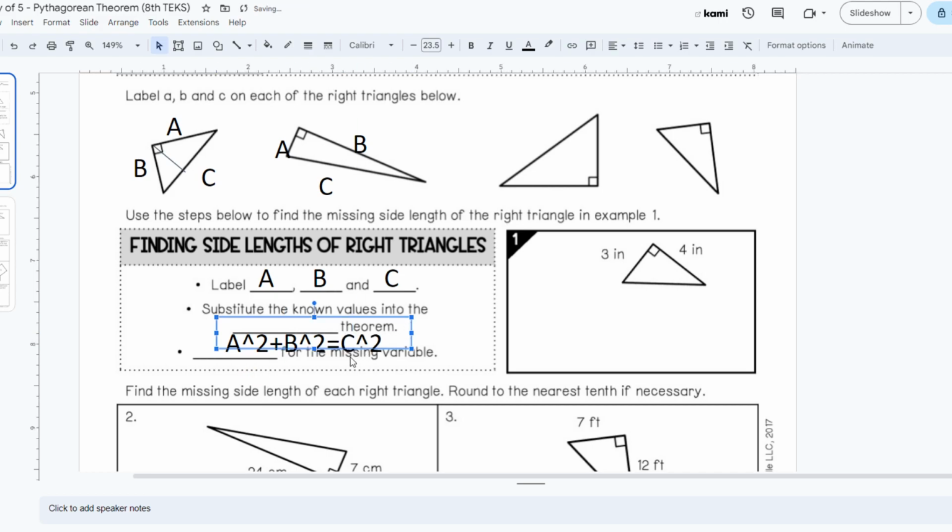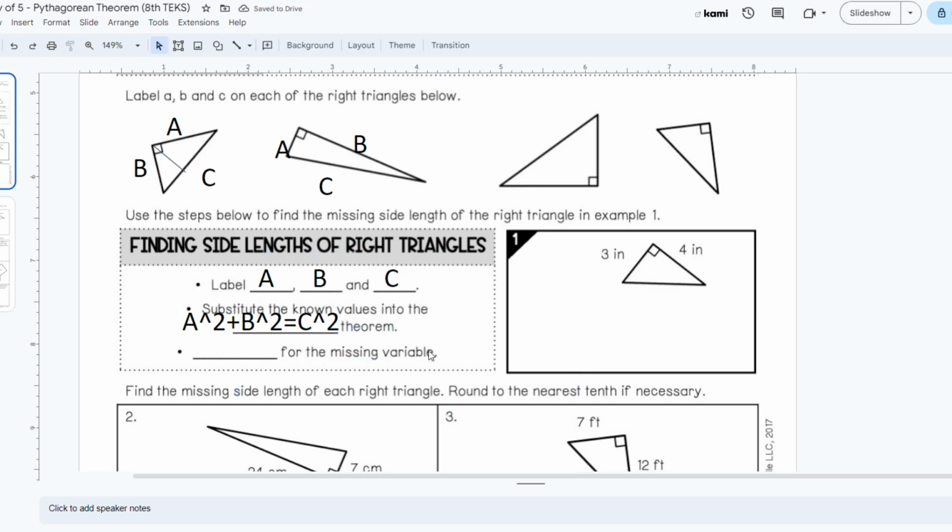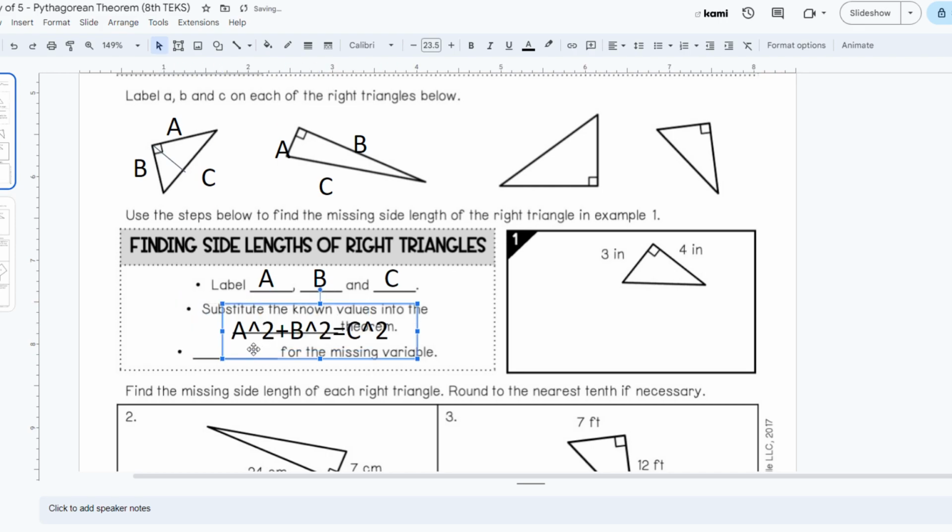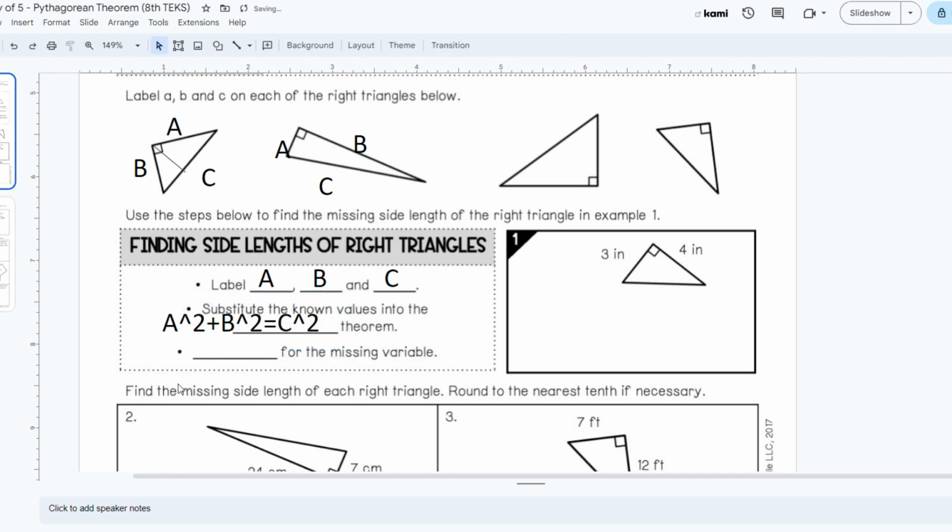So, like I said, you can use one of the star formula sheets I have in the back of the room if you get stuck on this part. Solve for the missing variable by taking the square root of both sides. So we just solve for the missing variable.